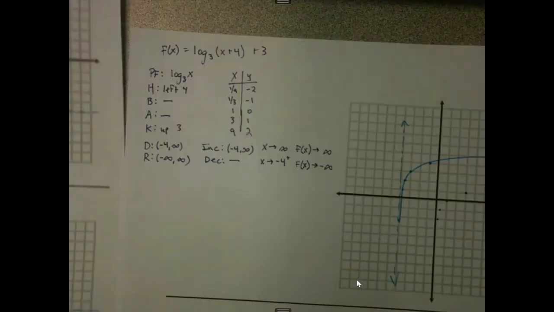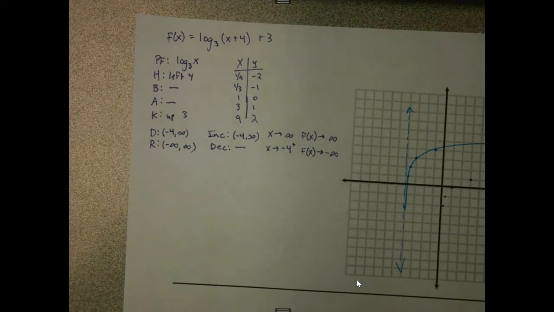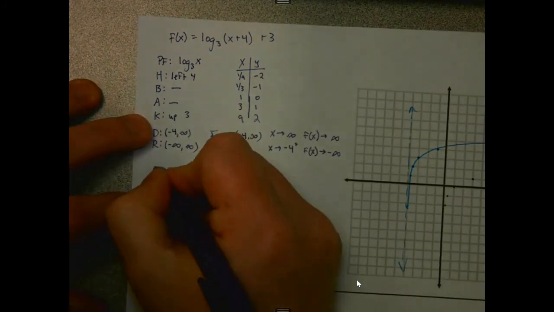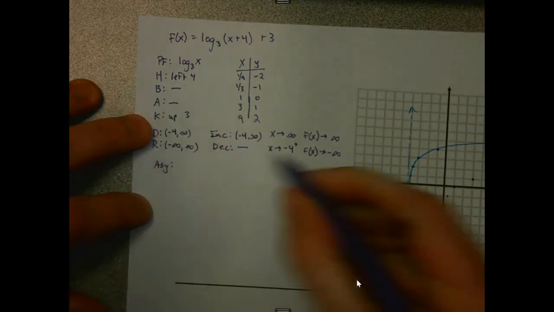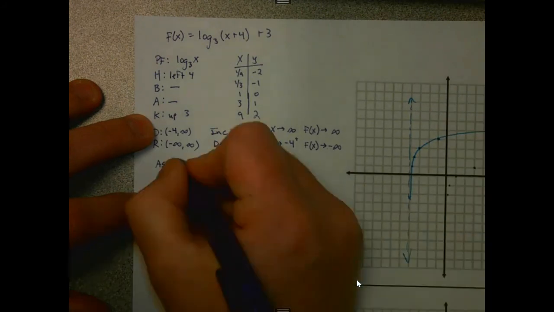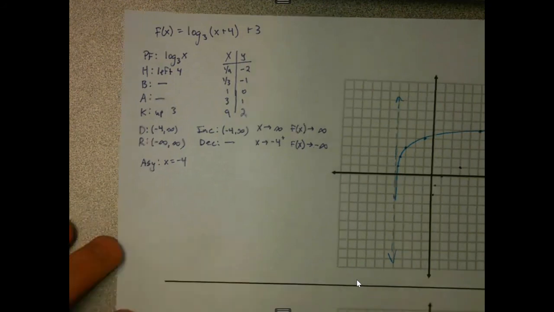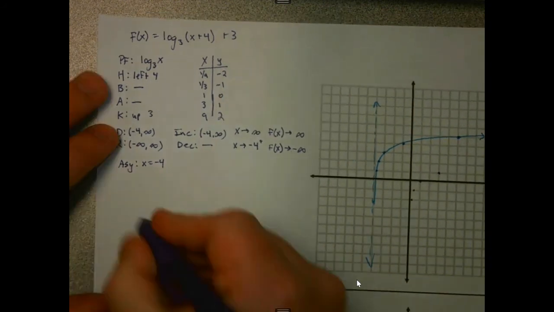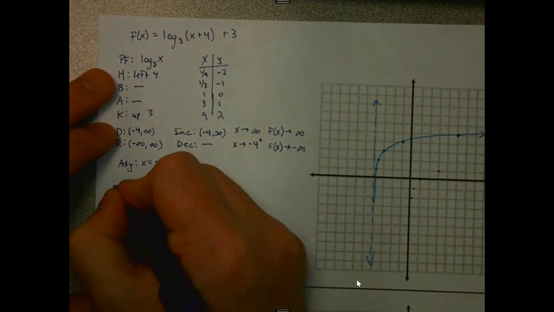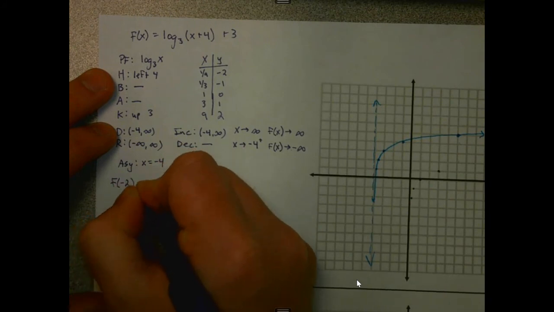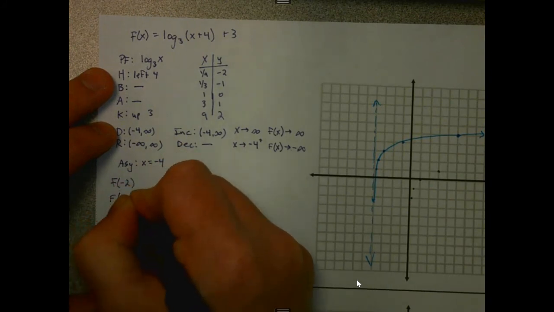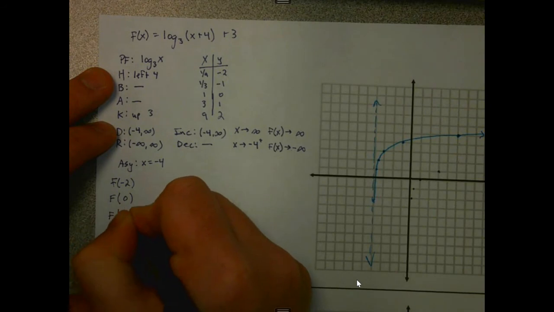Okay, so we need our asymptote. So our asymptote is this vertical line, so that would be x equals -4. Remember, the other ones were y equals because they were horizontal. We need to find f of -2, f of 0, f of 4.